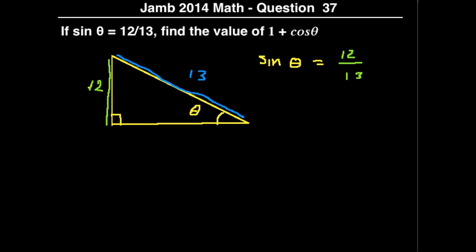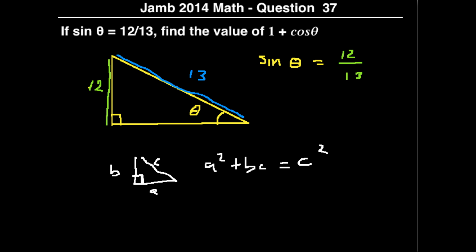Now that we've been able to draw this triangle, there's another trigonometric identity we can take advantage of. And that is the Pythagoras theorem, which states that if you have a triangle with three sides, A, B, and C, and there is a right angle there, then A squared plus B squared equals C squared.